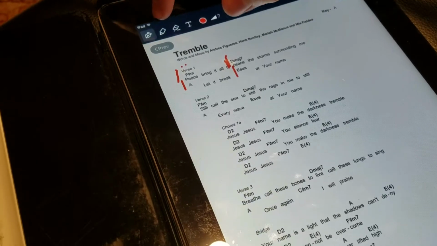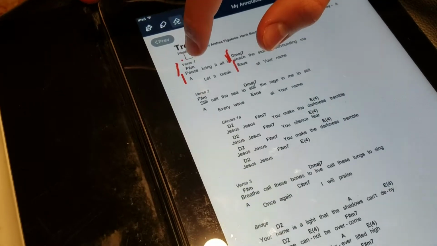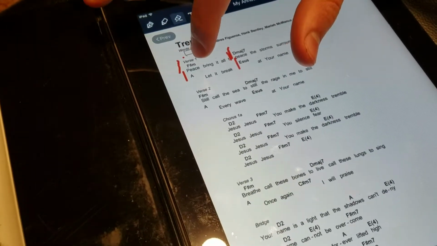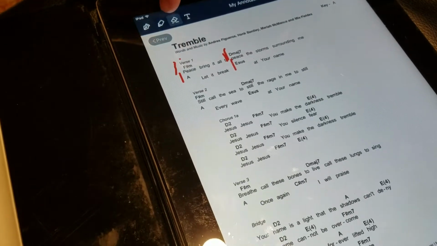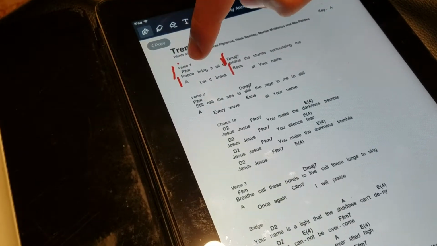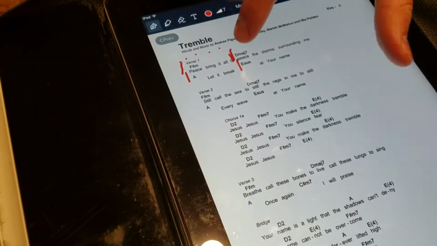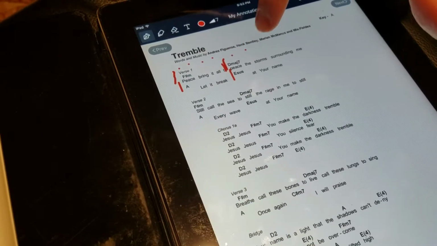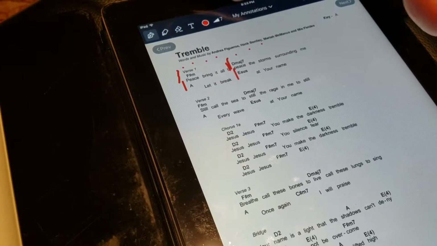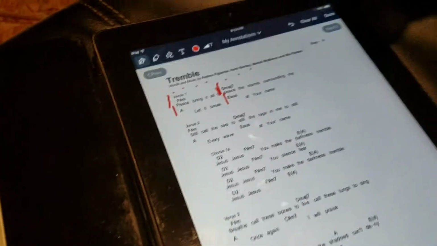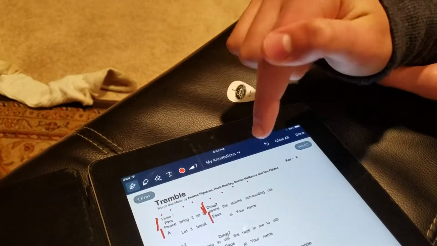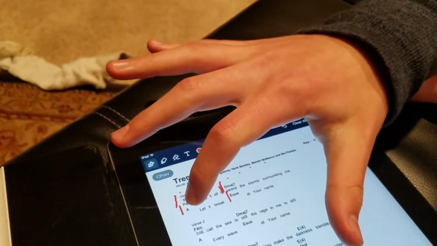That's fine. It doesn't matter where they're at. Just however many dots would be the beats in that measure. So there's 4, and then there's 4. Yeah, there's 4 in this one as well.